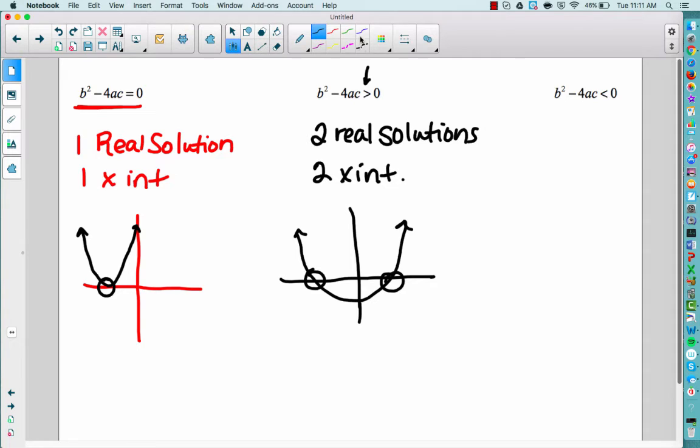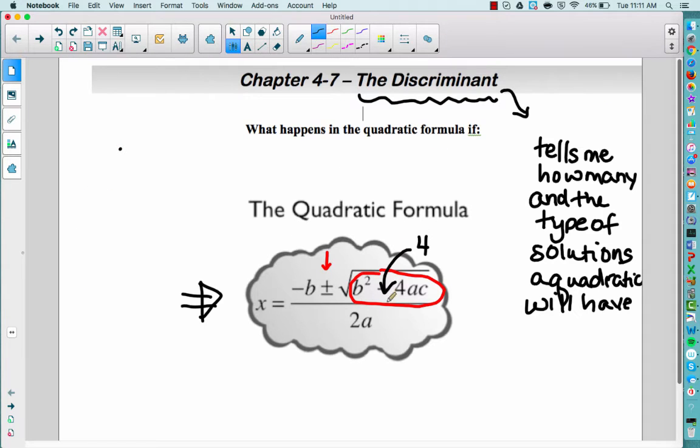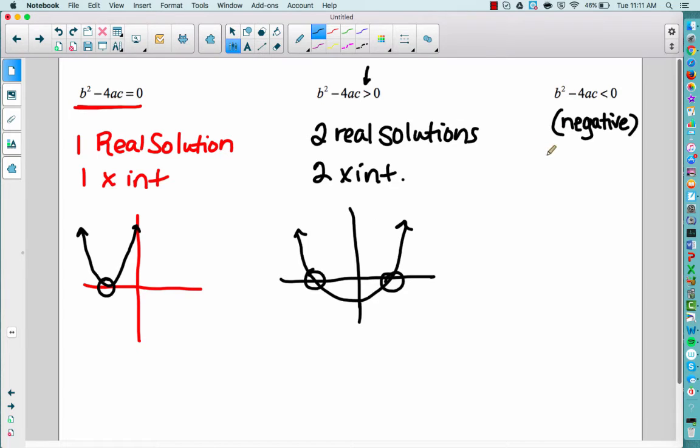All right, and the last condition that can happen with this discriminant is that if b squared minus 4ac is less than 0, this means it's negative. Now, let's think about that for a second. That means that there is a negative number under the square root. And right now, you know that that can't possibly work because we haven't learned how to deal with that yet. What that actually means is that there are no real solutions.